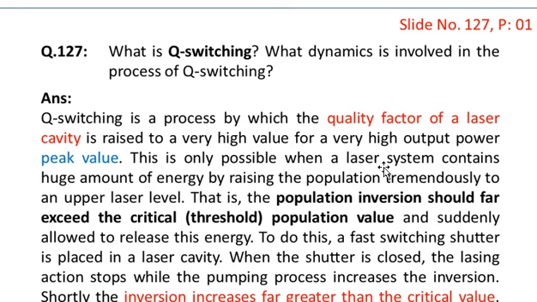This is only possible when a laser system contains a huge amount of energy by raising the population tremendously to an upper laser level. That is, the population inversion should far exceed the critical or the threshold population value and suddenly be allowed to release this energy.